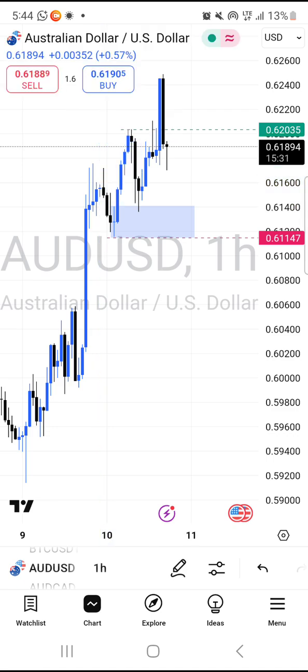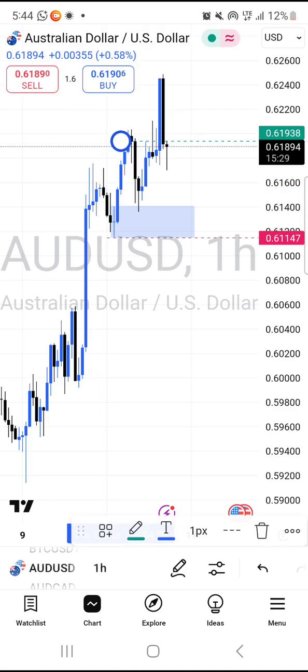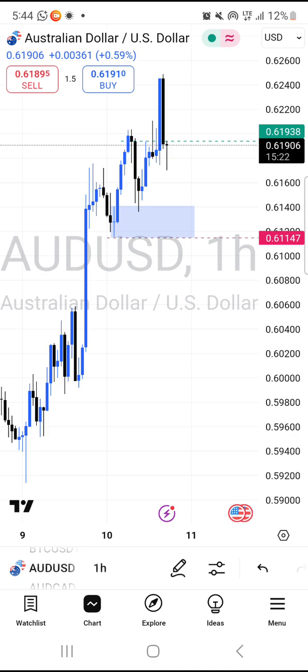So 52 pips is around here, the green line. Your stop loss is the red line. You want to make double of what you're risking. We have 1 to 2, 1 to 3, and the rest, but let's just stick to 1 to 2. So your stop loss is the red one and your TP is the green one.